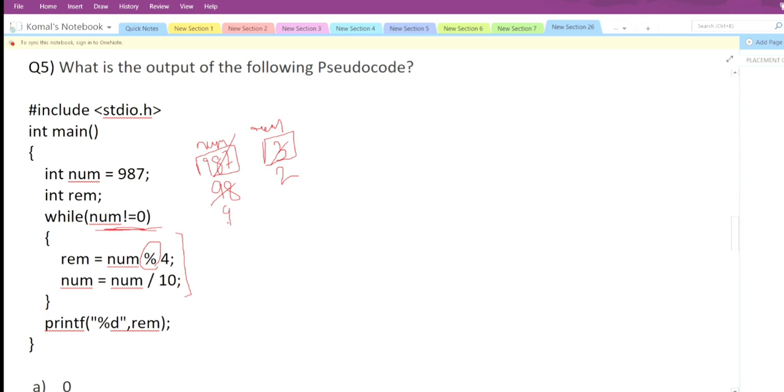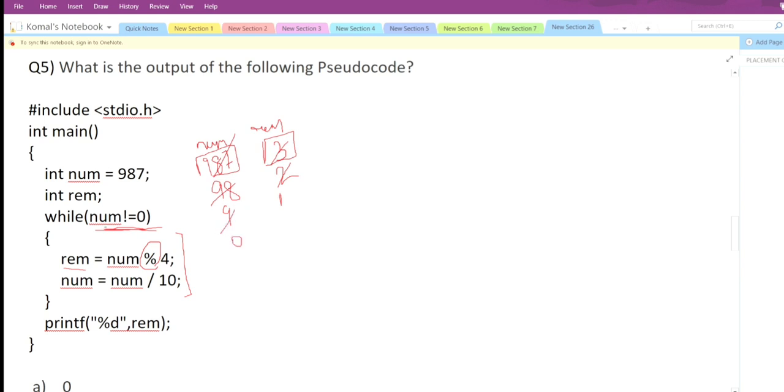Now again it will check the condition that 9 is not equals to 0. Yes true, again it will come inside this condition. Now again the value of remainder will be updated by 9 mod 4. So when you divide 9 by 4, the remainder will be 1. Okay, so now what it is doing, num is equals to 9 divided by 10. So 9 divided by 10, it will just simply be 0.